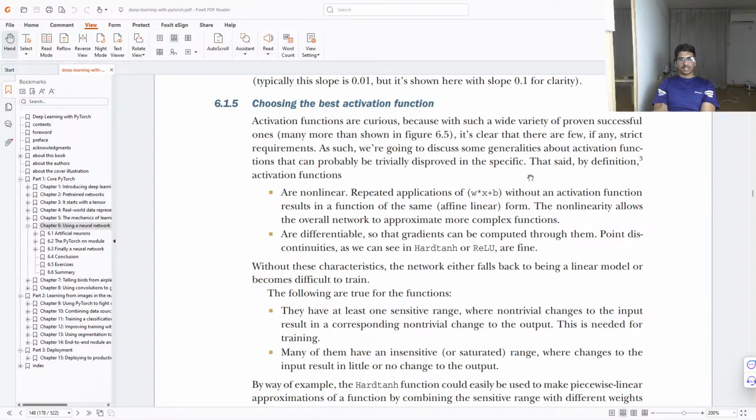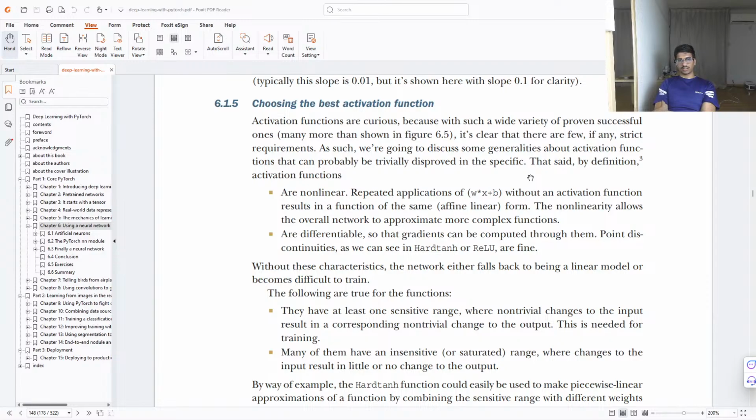Choosing the best activation function. How to choose the best activation function? Activation functions are curious because, with such a wide variety of proven successful ones, many more than shown in figure 6.5, it's clear that there are few, if any, strict requirements. As such, we are going to discuss some generalities about activation functions that can probably be trivially disproved in the specific.